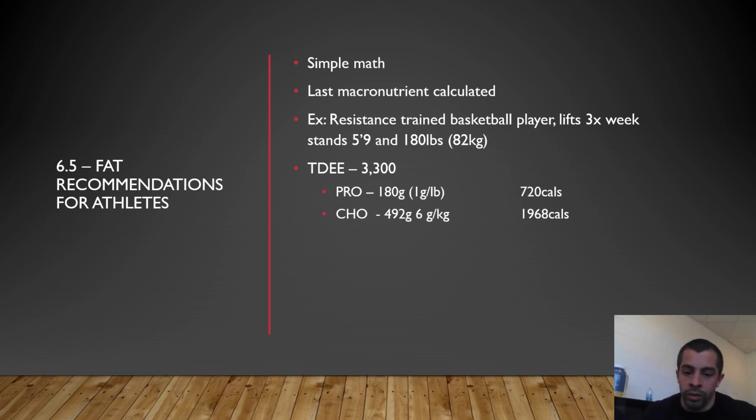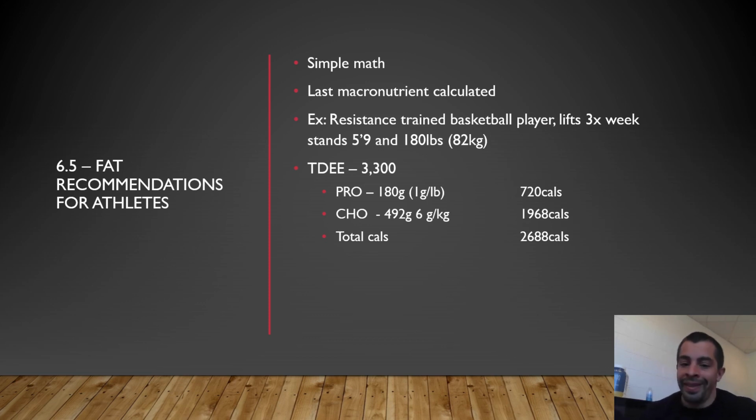Okay, so hopefully you guys are following me. Next step. What's their total calories we've done so far? So that would be the next step, where I add the total calories from protein and the total calories from carbohydrates. So that's the 720 plus the 1968, and that comes to 2,688 calories from protein and carbohydrates.